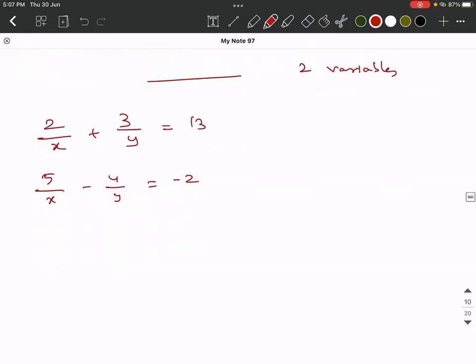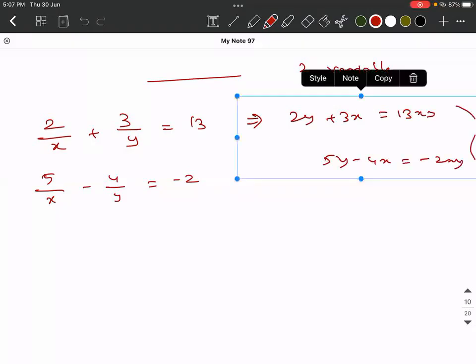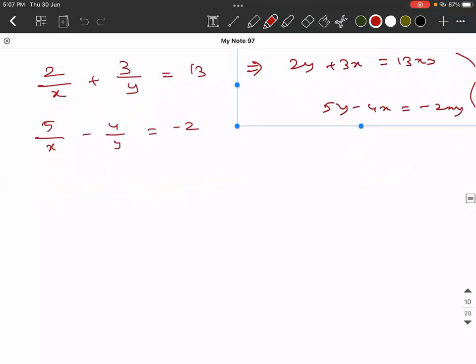Okay. So if I want to convert this into a linear form, if I take LCM and solve, what will I get? I'll get 2y plus 3x is equal to 13xy. Here I'll get 5y minus 4x is equal to minus 2xy, which is an unnecessary thing. You're complicating it. So instead, you can take 1 by x to be a and 1 by y to be b.